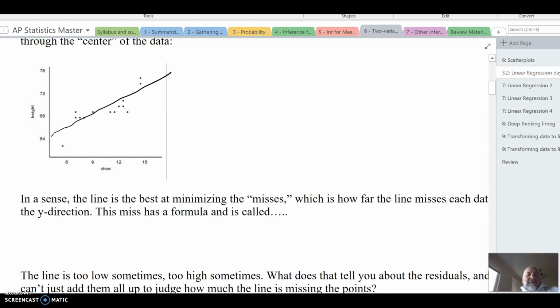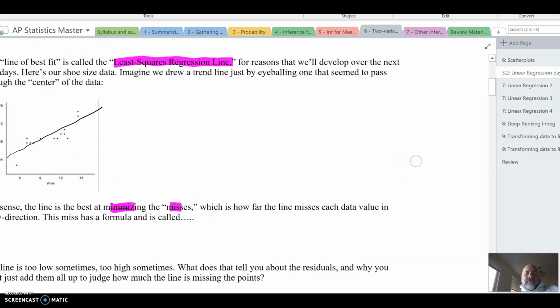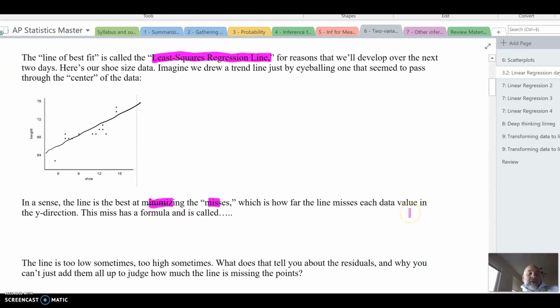Well, the best line is the one that minimizes the misses. So it's minimizing how much it's missing by. Specifically, that's how far the line misses each data value, in the Y direction.